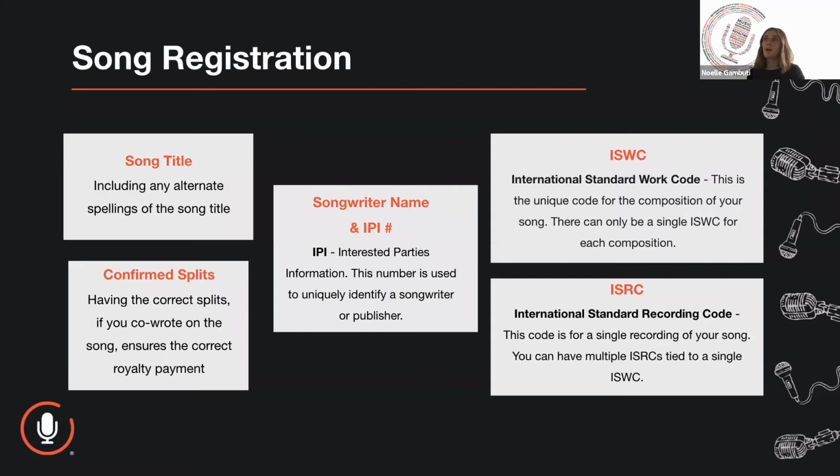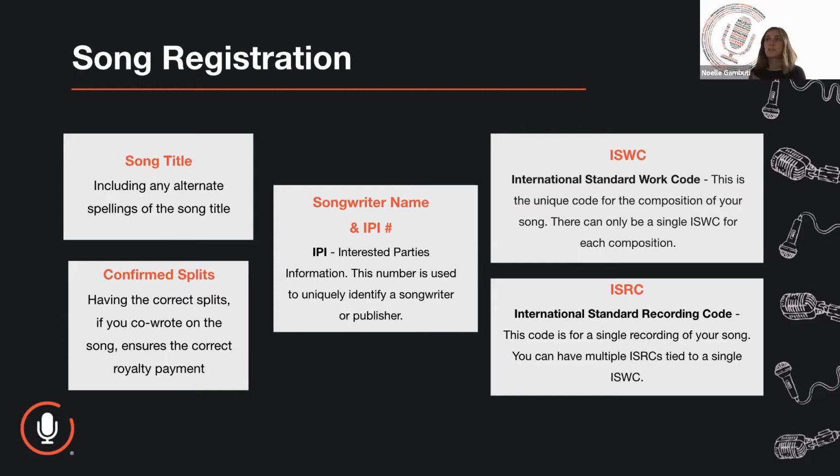And although it's not the most exciting part of making music, it is one of the most important parts, knowing this information about each one of your songs and about your co-writers, and having these conversations with your co-writers about who's going to own what percentage of the song, so that everyone's on the same page. And when everyone goes ahead and registers that song, it is correct and accurate, and we're not playing catch up years later with 5 different incorrect registrations for the same song.